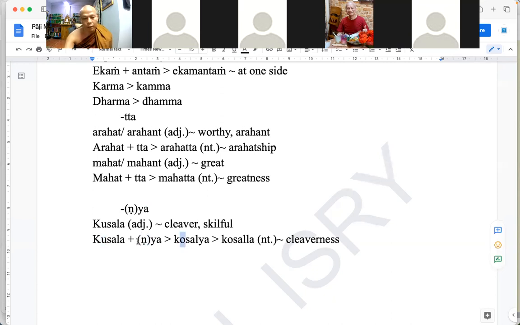So to know that, we just indicate it by this letter, which is called the indicatory letter.